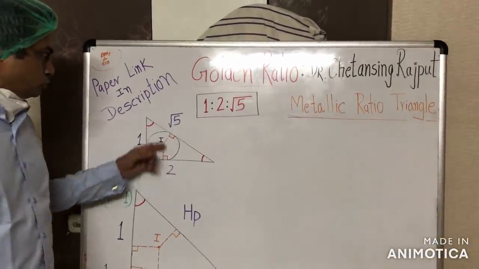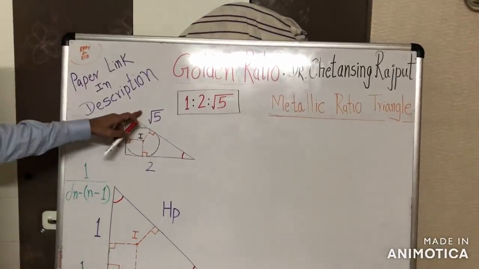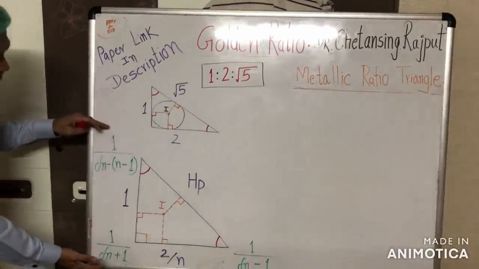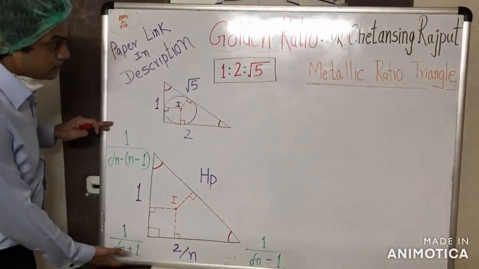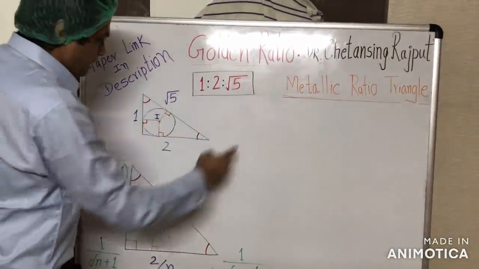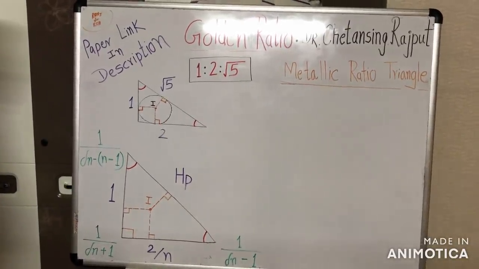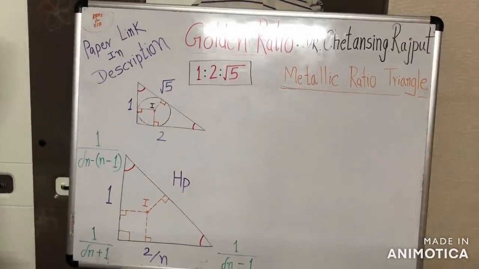This 1 to √5, it's a golden ratio triangle, and it typically represents the golden ratio. Just like that, here is the generalized metallic ratio triangle, and every geometric aspect of this triangle can be generalized. Let us see the comparison between these two things.